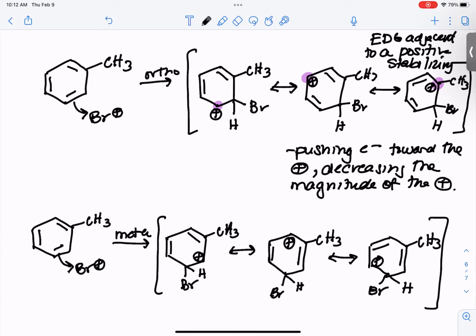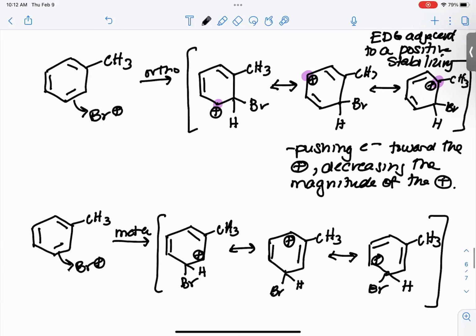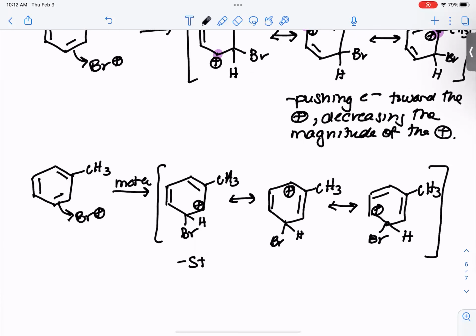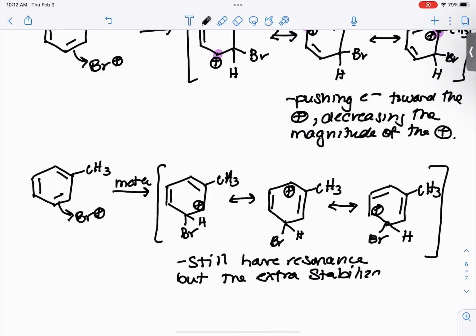I still have 3 resonance structures, but I don't have the case now where I have my electron donating group directly adjacent to the positive charge. So you still have resonance, but the extra stabilization of the electron donating group is not there.